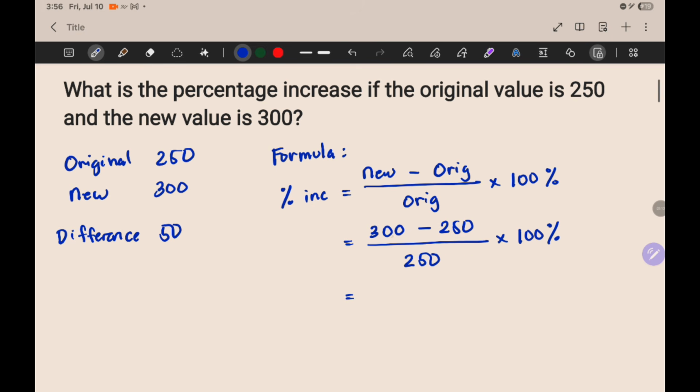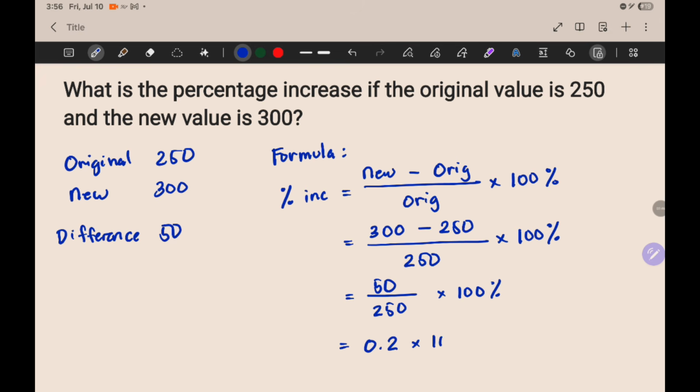So, subtract natin. 300 minus 250 is equal to 50. As you can see, yung 50 dito is yung ating difference. So, 50 over 250 multiplied by 100%. You can use your calculator or you can manually solve this one. 50 divided by 250 is equal to 0.2.